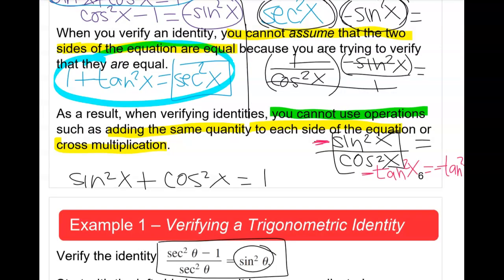And so let's see how we arrive from the main Pythagorean identity to that one. It's just good practice. And so what we're going to do is divide everything by cosine square x.